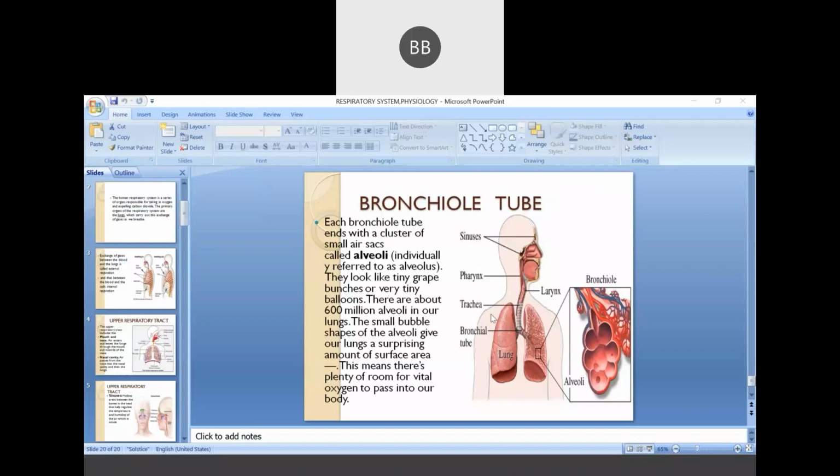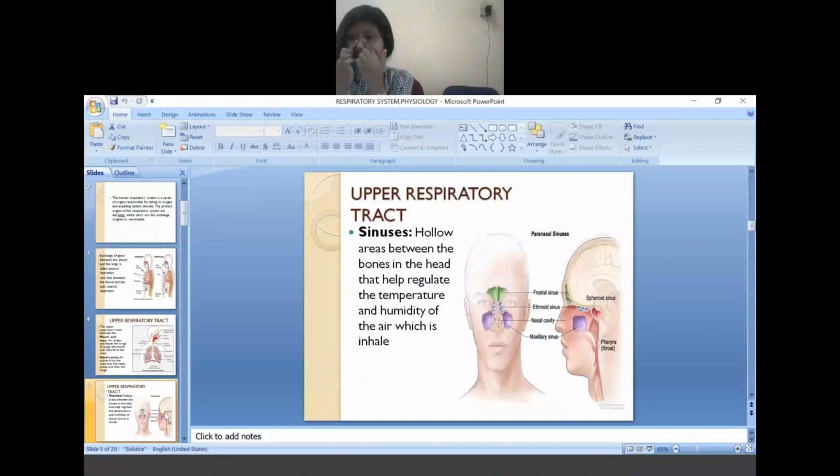Frontal sinuses, ethmoid sinuses, sphenoid sinuses, and maxillary sinus. Okay. Can you see the screen?